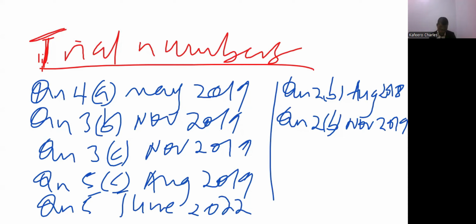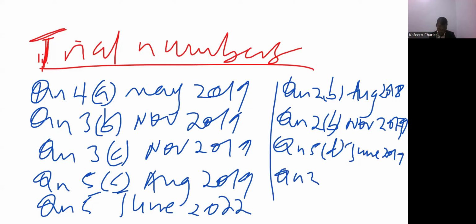2019, no, this is 2017. You can also look at 2017. Then the other question for 2019 is question 5, part D, June 2019. You can also look at question 3, December 2021.